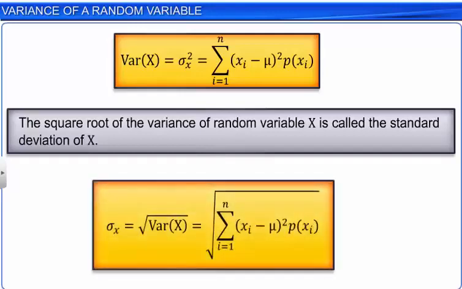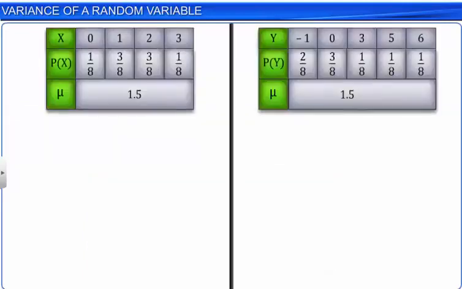Now, we'll find the variances of the given probability distributions as follows.